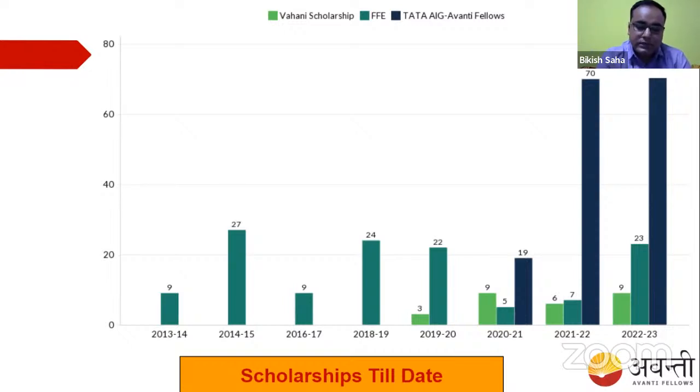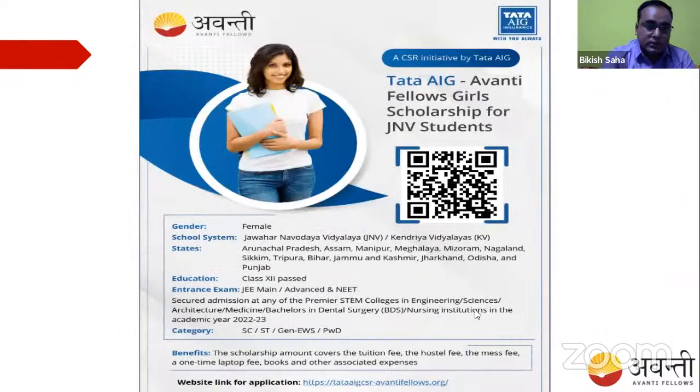74 students got the Tata AIG scholarship, which is a very good, important scholarship for students going for medical studies and engineering studies. Since there's a shortage of time, I'll take just a few seconds and close this session.